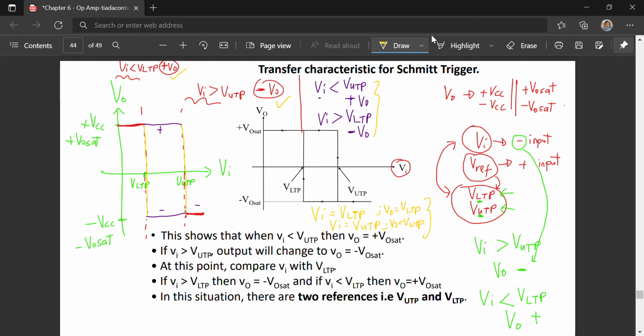So you have 1, 2, 3, and 4. But here you see in the graph there is an arrow. So how to draw this arrow?